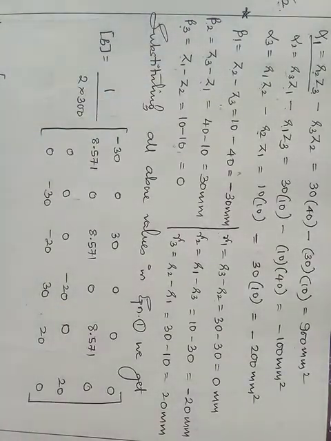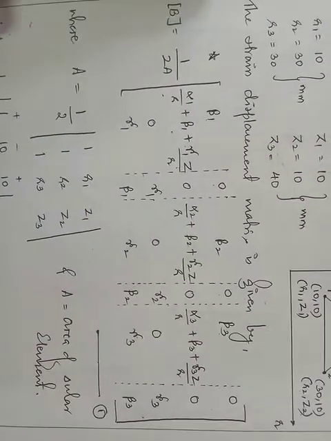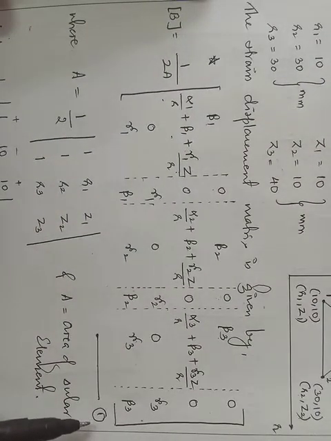So now we have calculated alpha 1, alpha 2, alpha 3, beta 1, beta 2, beta 3, gamma values, r value and z value. Now when all the values are known, you just need to substitute everything in this equation, which I have taken as equation number 1. Right, so all these values are known.